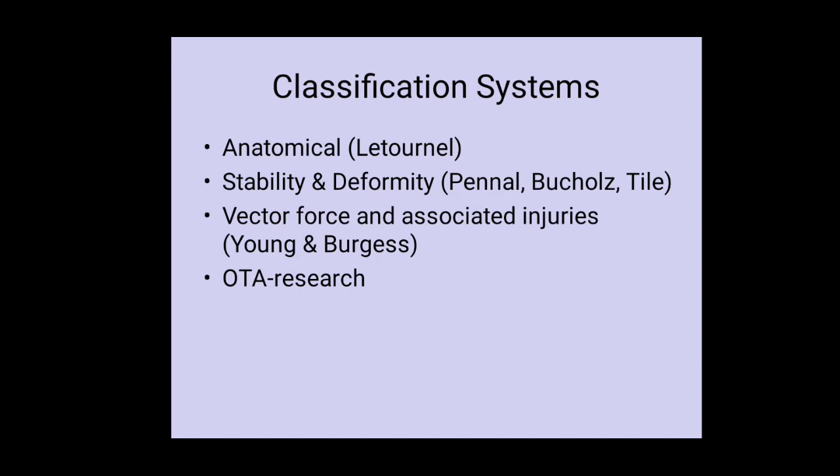The second group of classifications respects stability and deformity. That's quite useful, as stability affects a lot our choice of proper management. There's also Young and Burgess classification, which respects the vector of force and associated injuries. And of course, OTA classification and AO classification, which we use in our clinical practice.